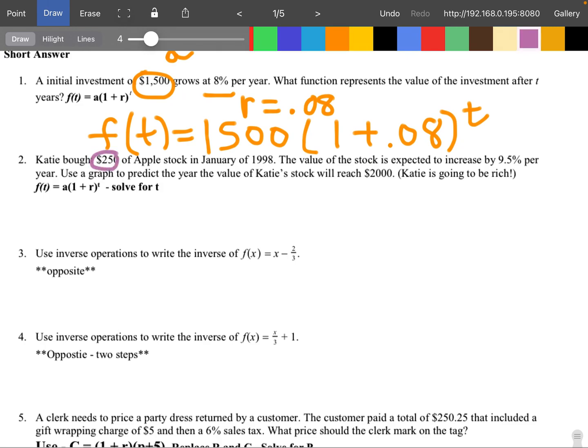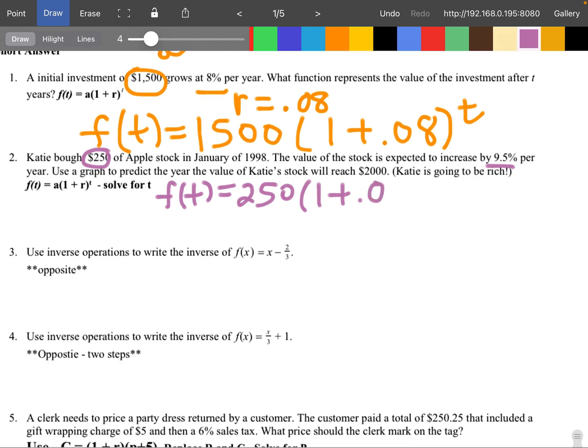So again, your initial is your A, and then your rate is 9.5%. So your function, f of t, is going to be your initial times 1 plus 0.095, because again, your rate, you have to divide by 100, to the t.